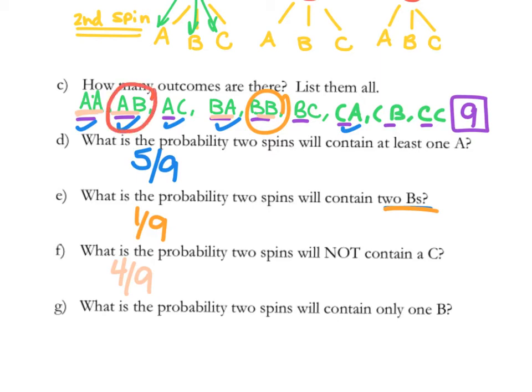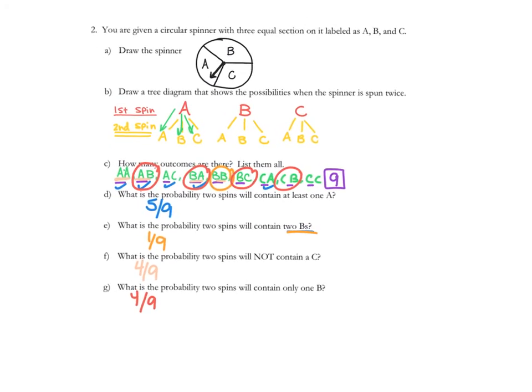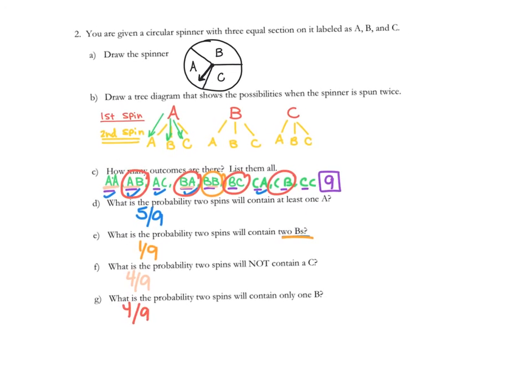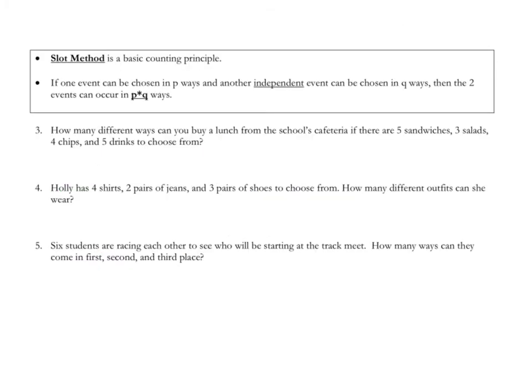So that only has 1 B. That one only has one B, one B, one B. 4 out of 9. Very nice. So there's another tree diagram example. So fun. Last part, let's move on.